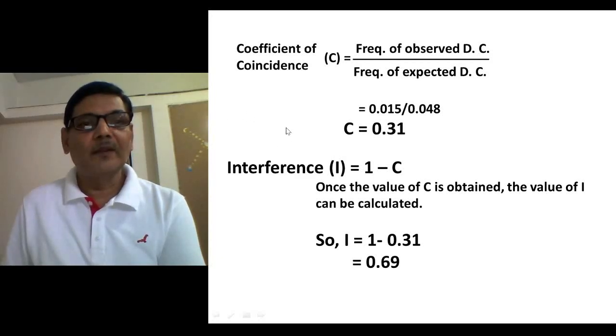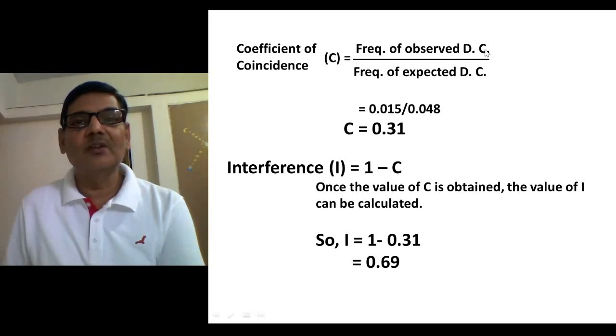So for this calculation, there is a method, and that is the coefficient of coincidence. This coefficient of coincidence has to be calculated, which is shown by letter C. C is equal to frequency of observed double crossovers divided by frequency of expected double crossovers.